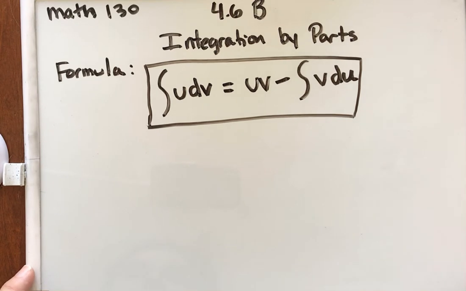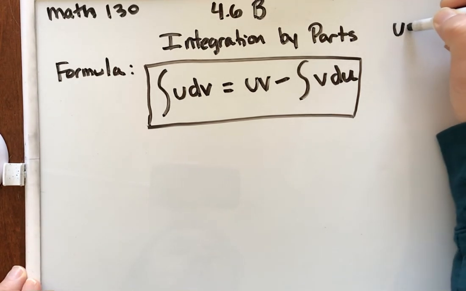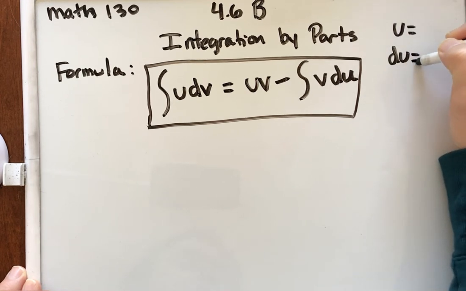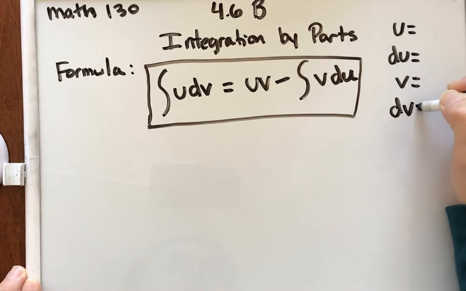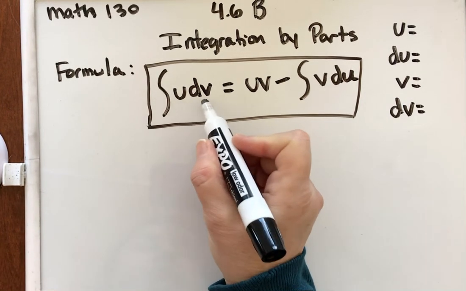Now, a key that I want to give you, a little hint, is if we start off right away and we list off to the side u, du, v, dv, it'll make the process a lot easier. Now what we want to start doing is finding our u and our dv.